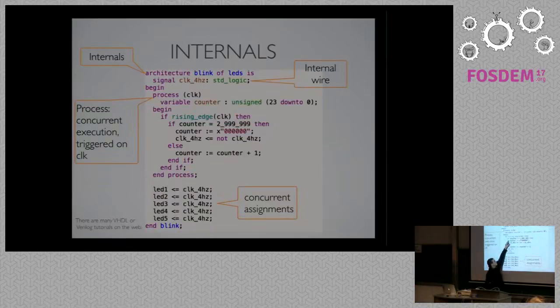So each time the clock is rising, either I have reached the top of my counter, which is 3 million minus 1, and so I reset the counter to 0, and then I switch the clock, or if I haven't reached the maximum of my counter, I just increment it. So the counter will increment until 300, and then at 300 it will revert to 0 and switch the 4 MHz clock.